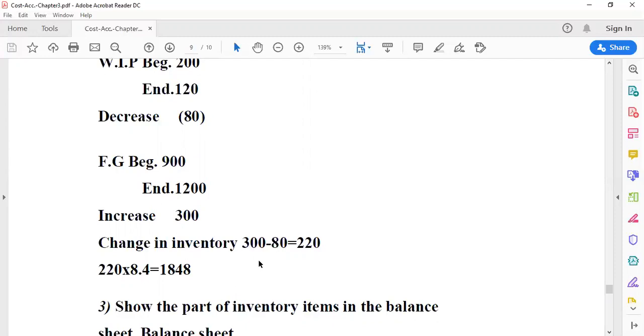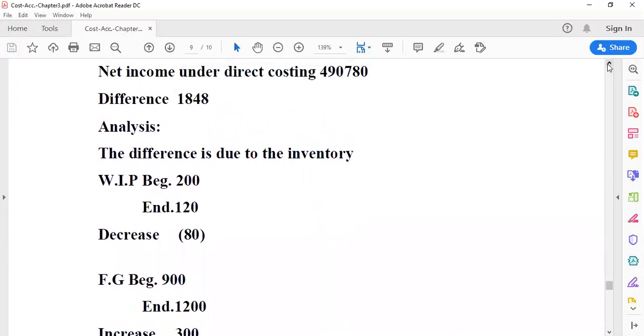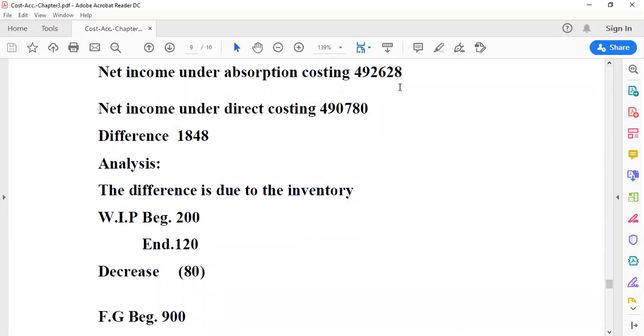Now we need to know why the difference happened between the net income under the full absorption theory and the net income under the direct costing theory. The net income under direct costing is smaller than the net income under absorption costing.